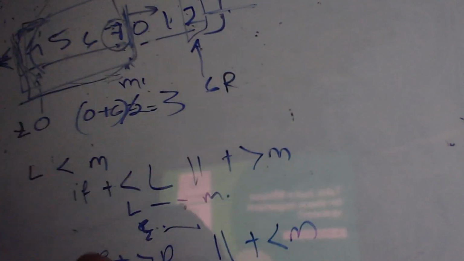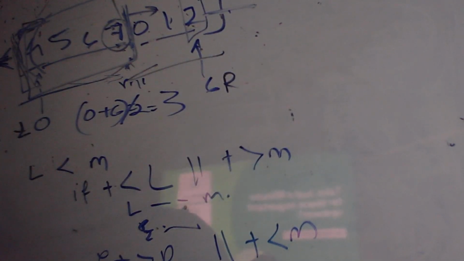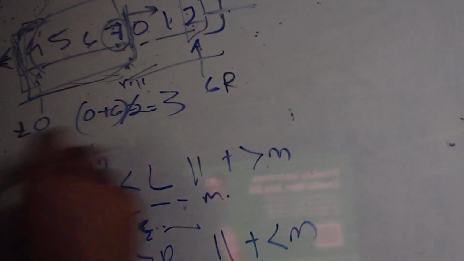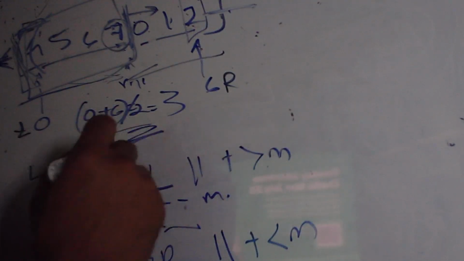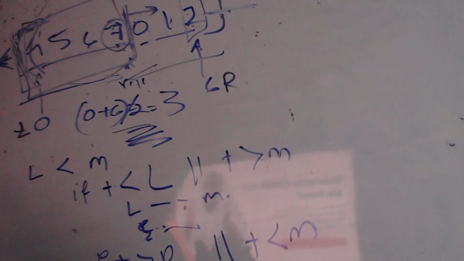Then we just have to do the same thing: move right to mid, else left to mid, and so on. And whenever we find the target, we just return it. As simple as that. Now let's implement this logic in our code.